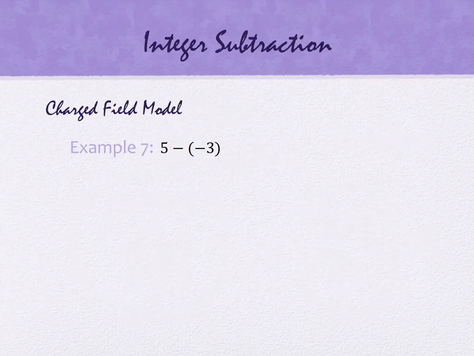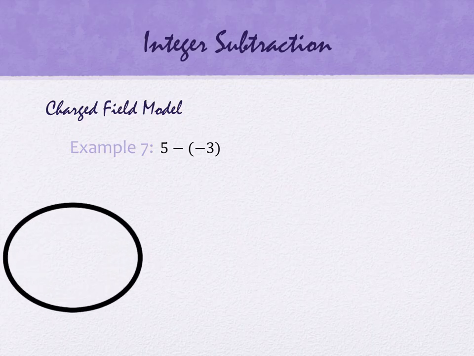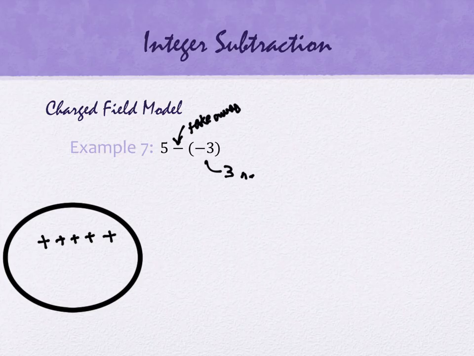Okay. I can do the same thing with my charged fields model. Now, if you haven't watched the video, you haven't seen the charged fields model. That's okay. You'll watch it later, but I'm going to show it to you from the subtraction perspective. So in my charged fields model, I'm supposed to have 5 positives, just like I had the 5 yellow chips. This says that I need to take away 3 negatives.